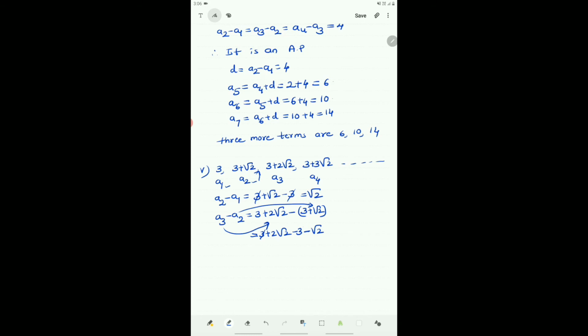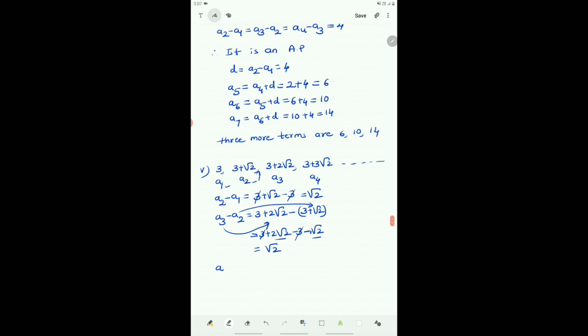Again here 3 minus 3 cancels. 2 root 2 minus root 2 is 2 minus 1, that is 1 root 2. Again you got root 2.